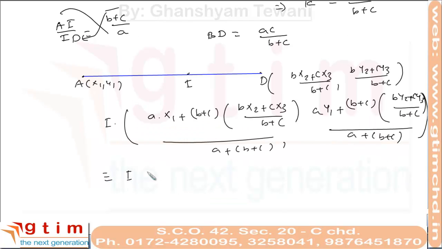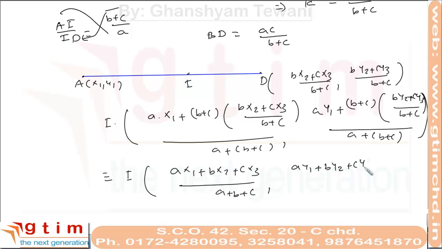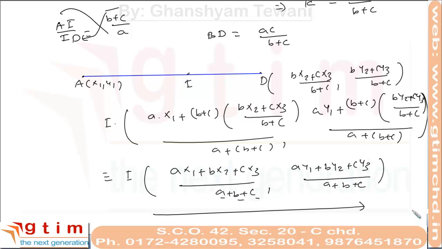Simplifying, we have the incenter (ax1 plus bx2 plus cx3) over (a plus b plus c). Similarly, the y coordinate is (ay1 plus by2 plus cy3) upon (a plus b plus c). So if vertices of the triangle are given, we can find the incenter, where a, b, c are what? Lengths of sides opposite to angles A, B and C.